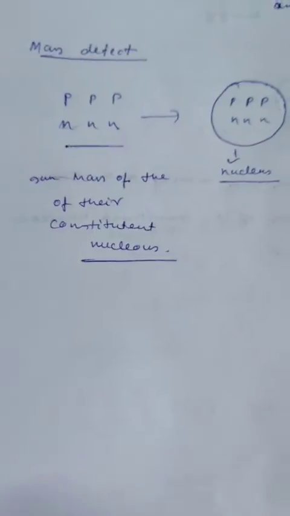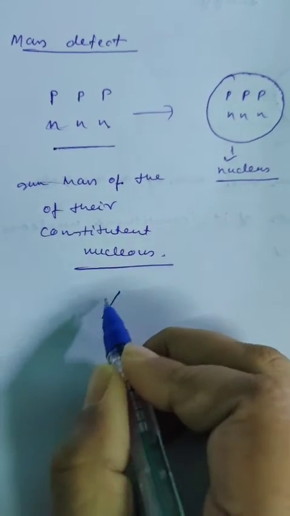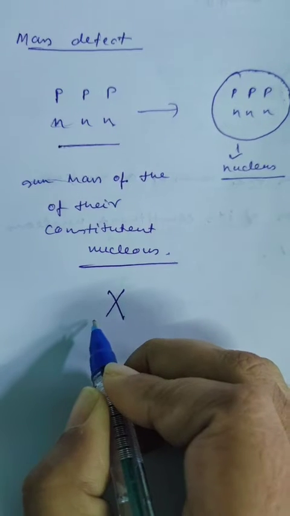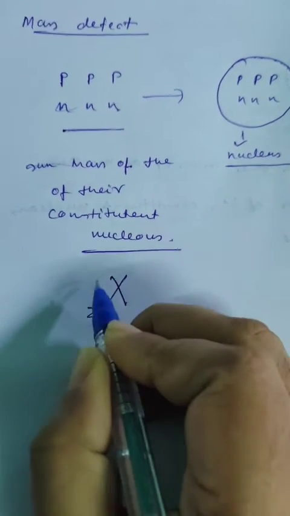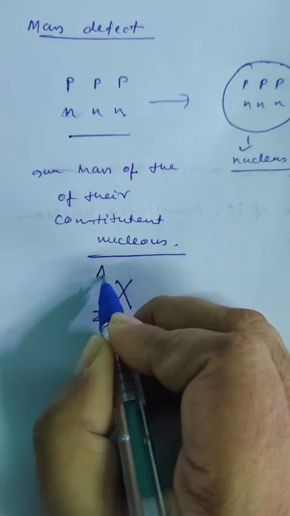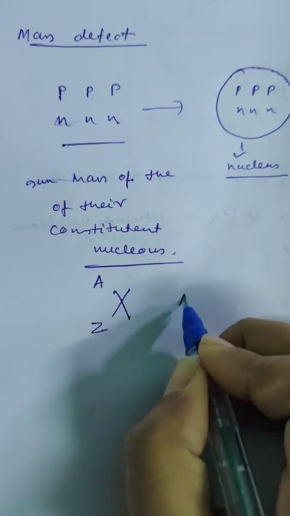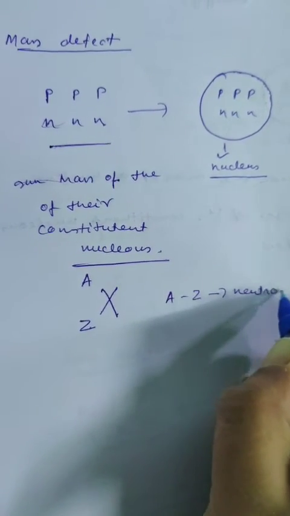So if I consider one nucleus X, its atomic number is Z and mass number is A. So it has Z protons and A minus Z neutrons.